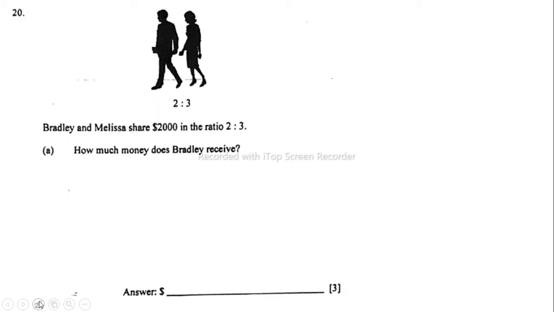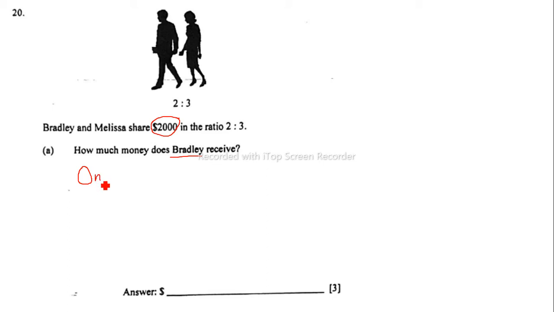Very good. Because we're trying to figure out how much Bradley received, the first thing we're going to do is take 2,000 and share it into 5 equal parts. This $2,000 was shared into 5 parts, so we need to figure out what is one share.